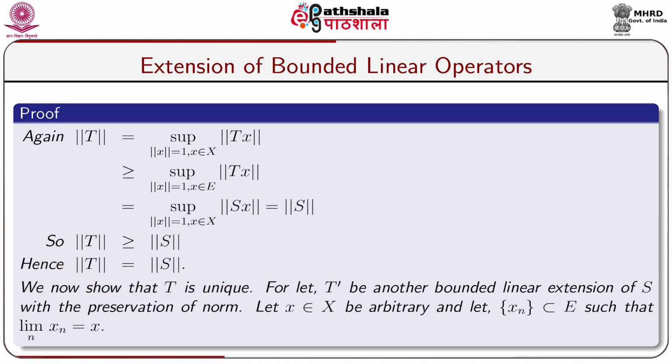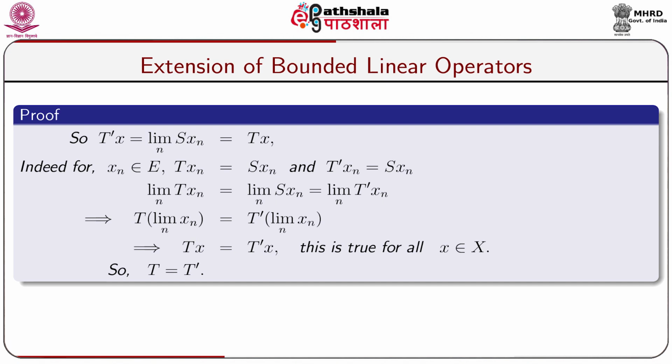We shall now show that capital T is unique. For let T' be another bounded linear extension of capital S with the preservation of norm. Let x belongs to capital X be arbitrary and let sequence xn be taken from capital E such that limit xn equal to x. So, T'x equal to limit S xn is equal to Tx.